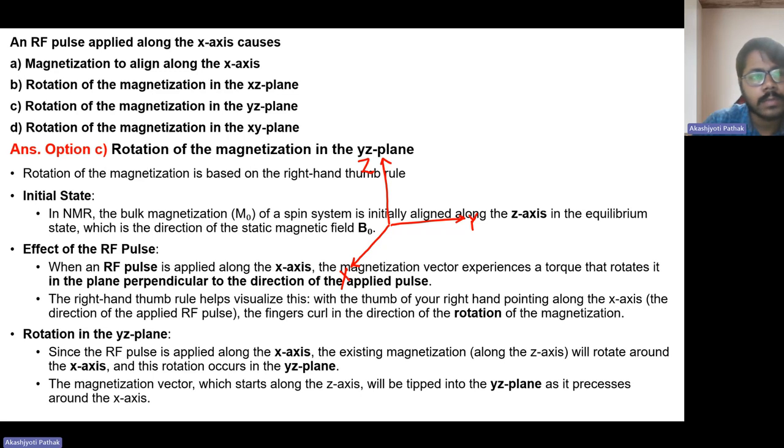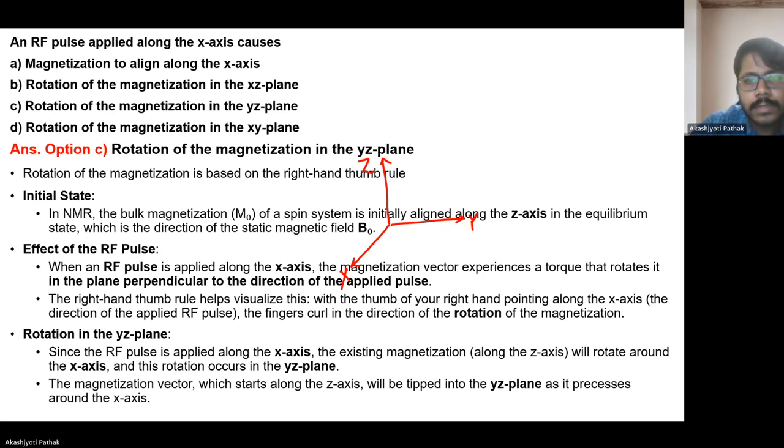X and YZ. I think rotation of the RF pulse along the, I think there is some mistake.